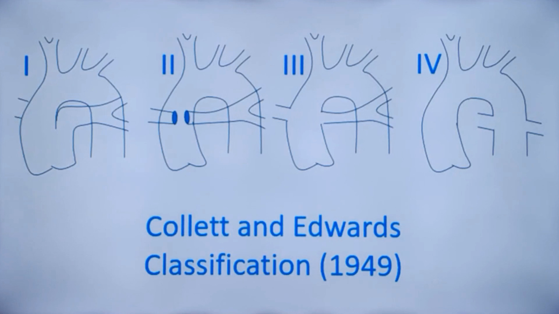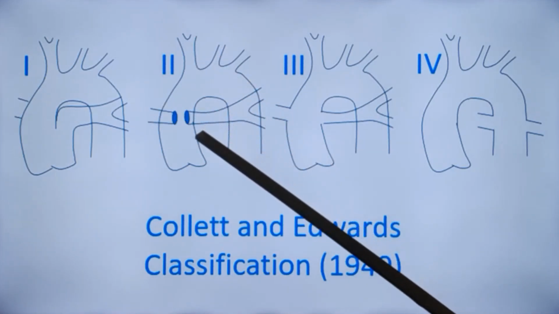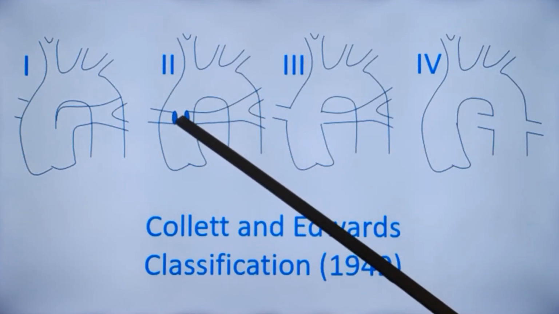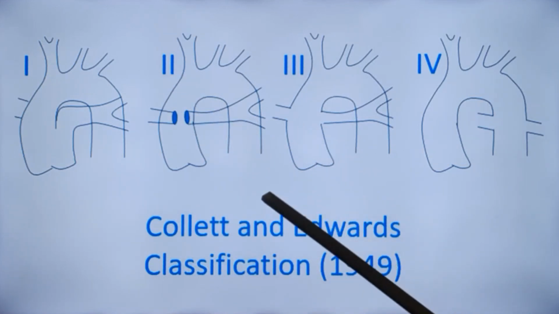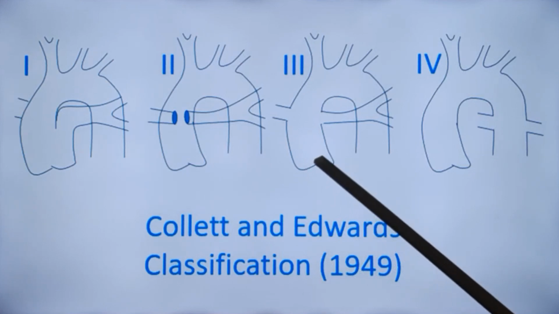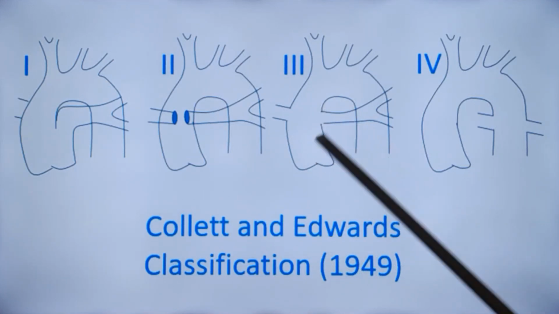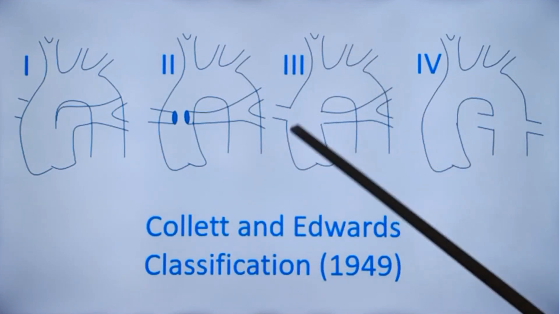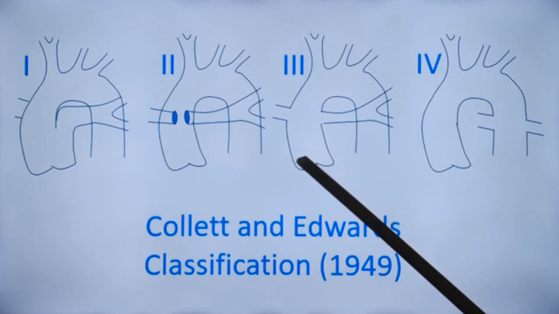In type 2, both pulmonary arteries arise from the aorta, side by side. That is type 2. When it comes to type 3, they still arise from the ascending aorta, but on either side. They are not adjacent to each other. That is Collet and Edwards type 3 truncus arteriosus.